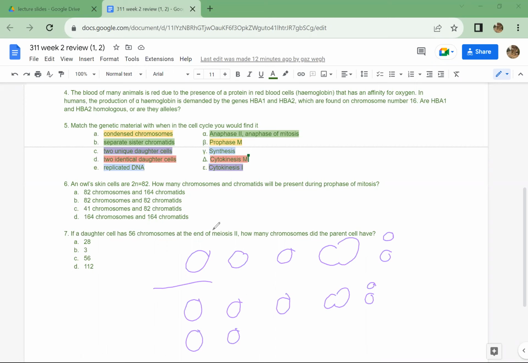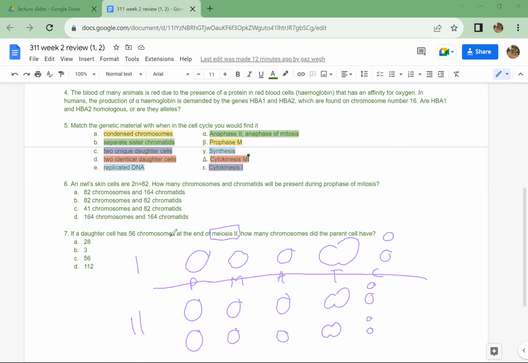So we know that we're in meiosis. We can split this up into meiosis 1 and meiosis 2, and we can name our stages. We have prophase, metaphase, anaphase, telophase, and cytokinesis.